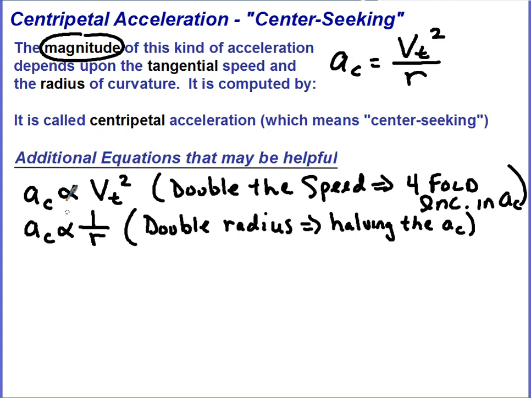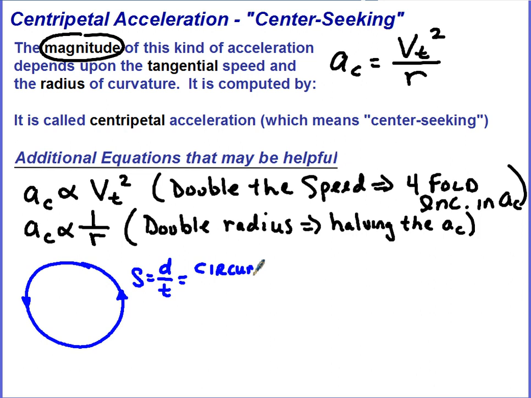For an object that's moving through a circle, we know that the distance that it travels around that circle is called the circumference. If we consider the speed as distance over time, we can look at that distance as the circumference of that circle.